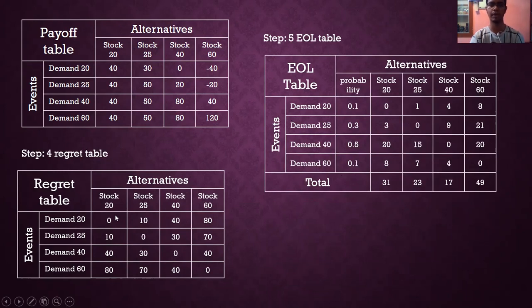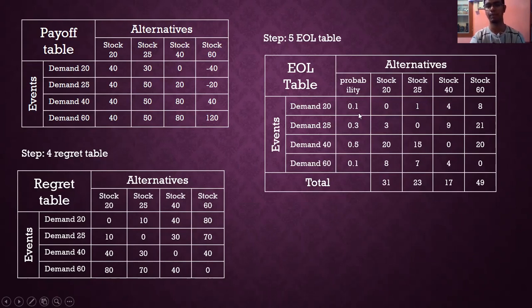Then again we multiply each probability with each row of its particular column, same as we did in the EMV table. In the EMV table we multiplied by the payoff table, but in the EOL table we are multiplying by the regret table.